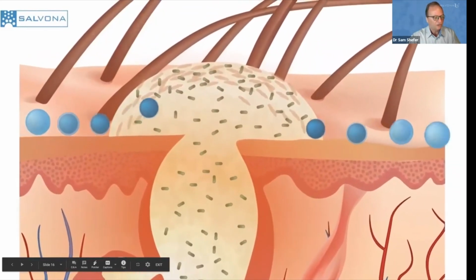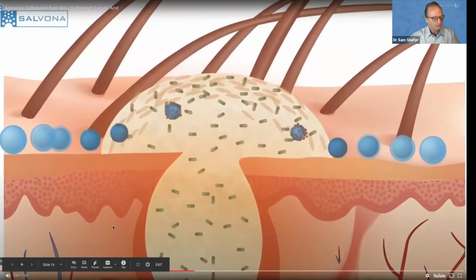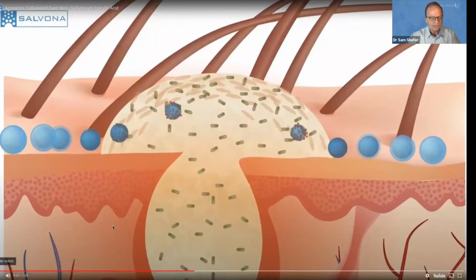This is the SalSphere. The SalSphere is based on lipid, and the lipids are soluble in the pimple. It's a design issue. The lipid will melt into the lipid. This is the nature of the particle. And this is how we get what we call targeted delivery, because the particles of SalSphere will adhere to the lipid domains, like the pimple.